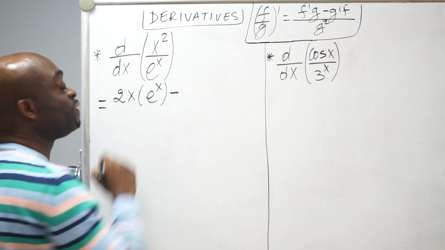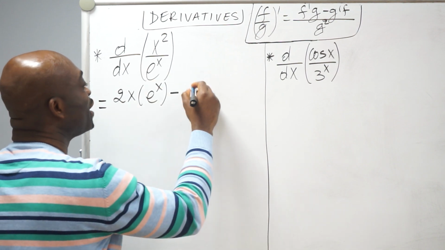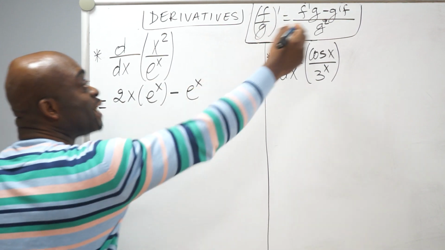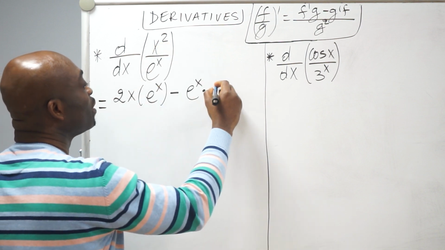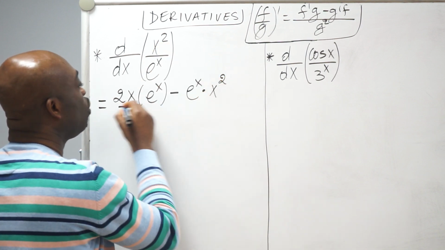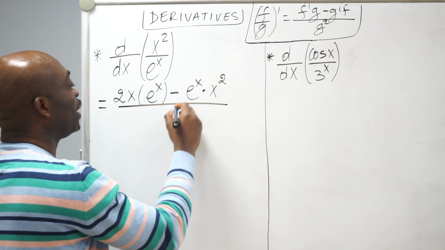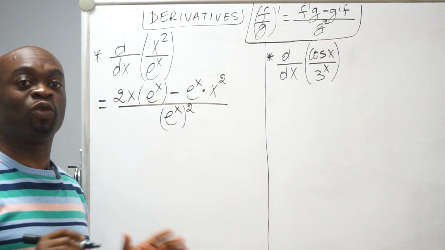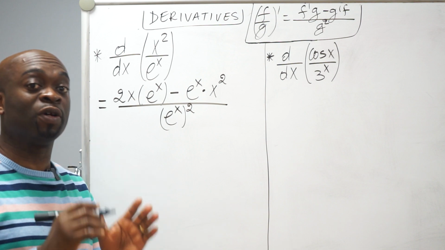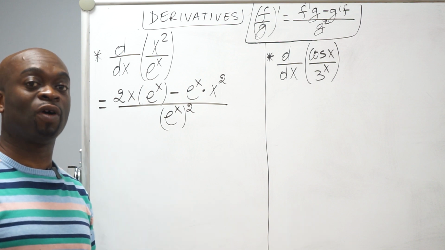What's the derivative of exponential x? It's just the same thing, exponential x, times f, and f is x to the second power, over exponential x to the second power. So we're following the formula. We're not doing anything else. We just follow the formula one step at a time, okay?